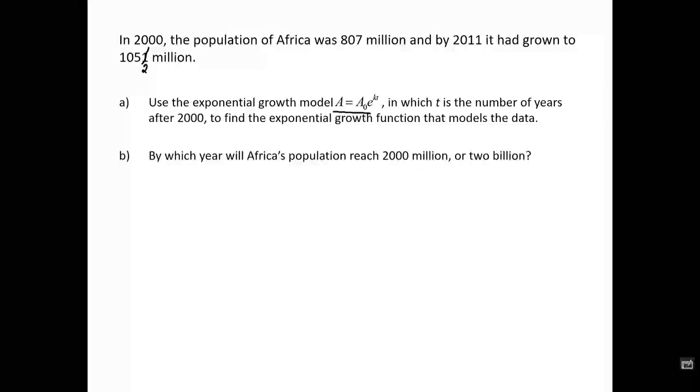So let's answer part A. The initial population in 2000 is given to be a sub 0, which is 807 million.